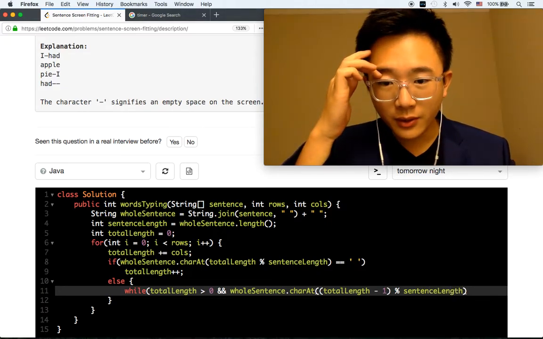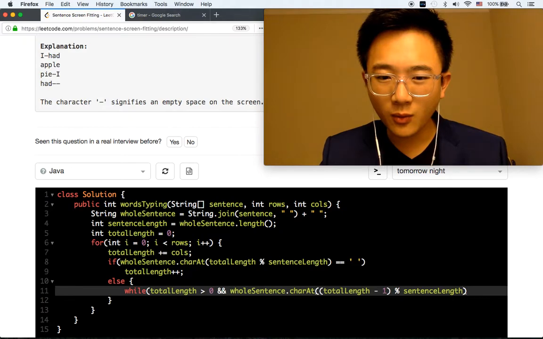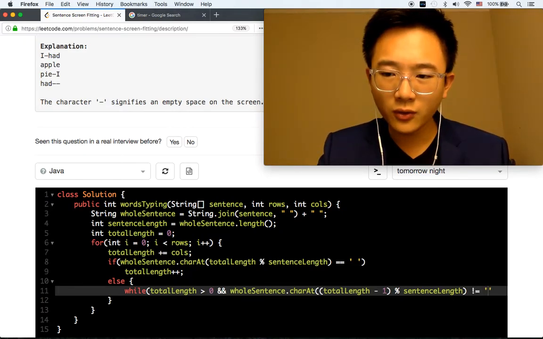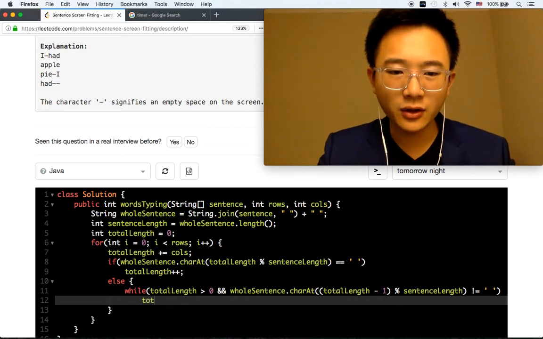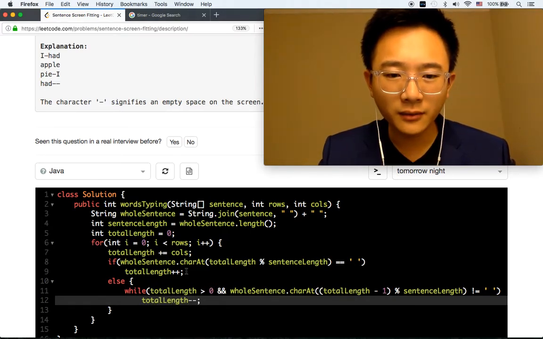Well, it's not equal to space. So what we're gonna do is total length minus minus, until we reach the previous space.